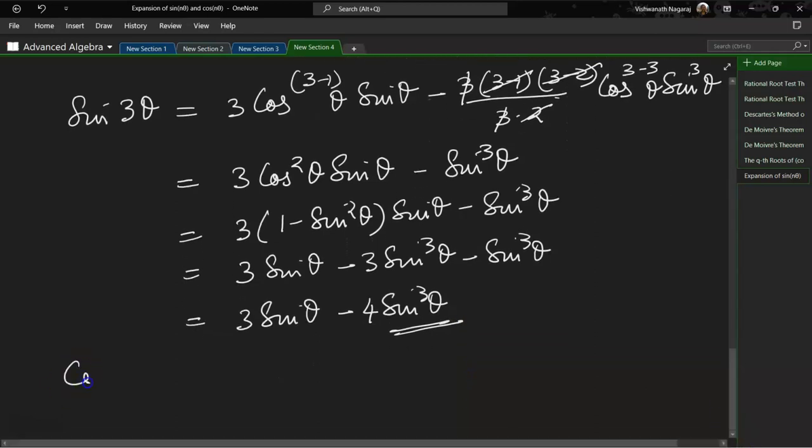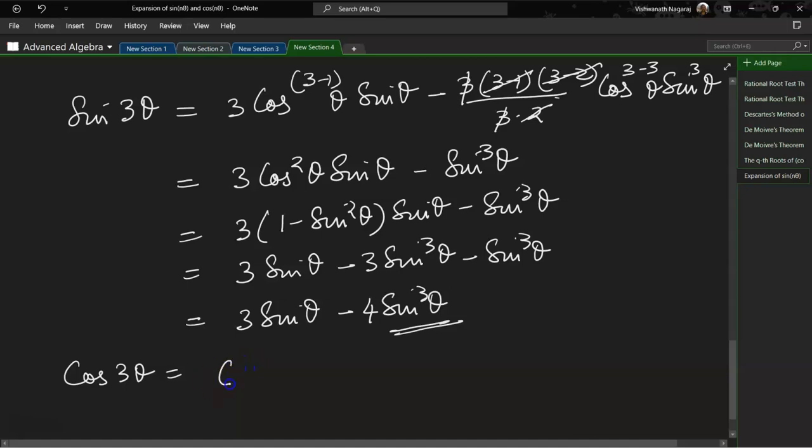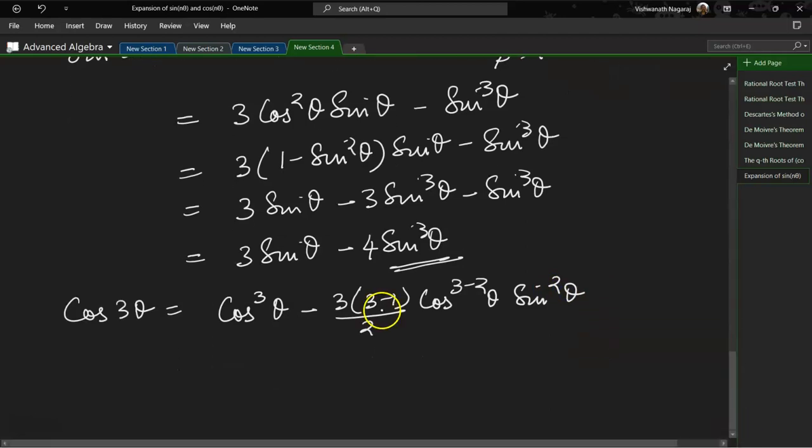Similarly, we can take up cos 3θ. Why I am taking this 3θ is because we already know them as an identity. So now again I follow the same pattern: cos^3 θ minus nC2, so 3 times (3 minus 1) by 2 factorial, cos^(3-2) θ sin^2 θ.